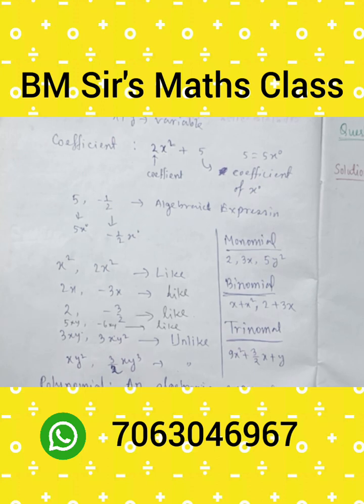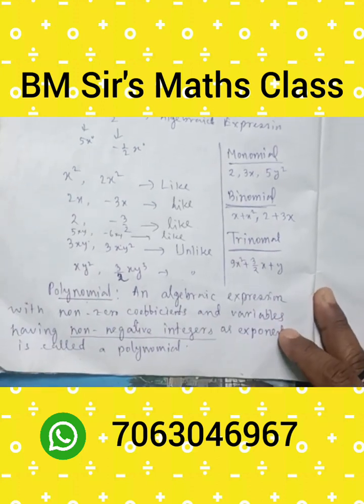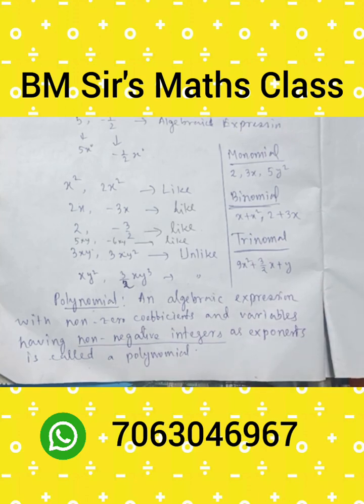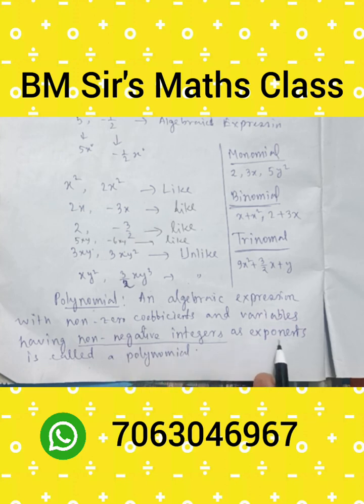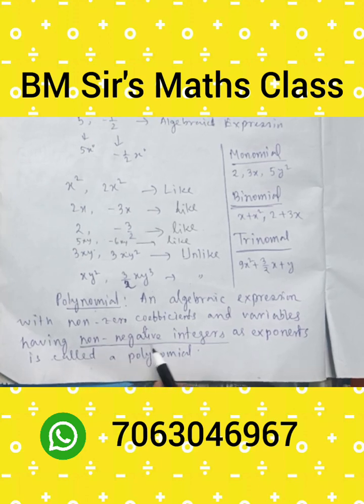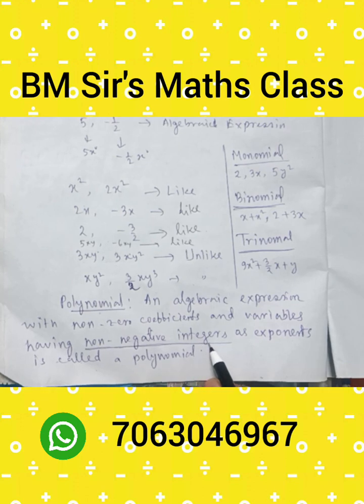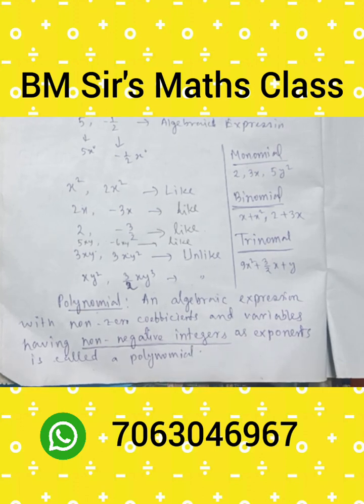Now we'll learn about polynomials, then three types of polynomials. What do you mean by a polynomial? It is an algebraic expression with non-zero coefficients and variables having non-negative integers as exponents. So the important thing is, in an algebraic expression, if the exponents of all variables are non-negative integers, then it is called a polynomial.